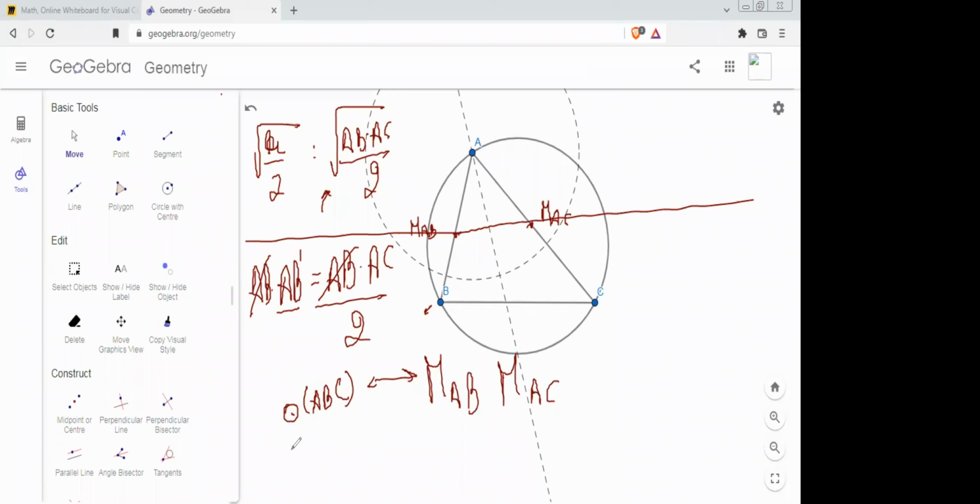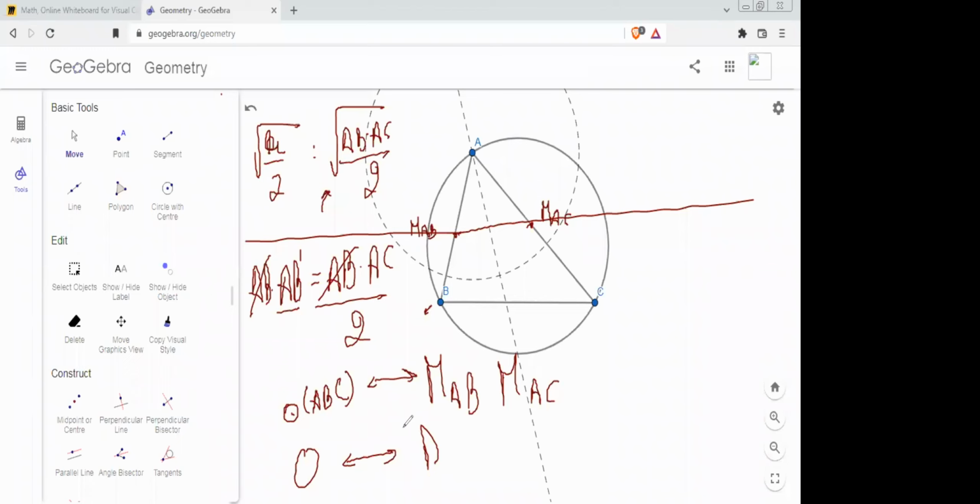What's the image of the circumcenter? The foot of altitude. How?